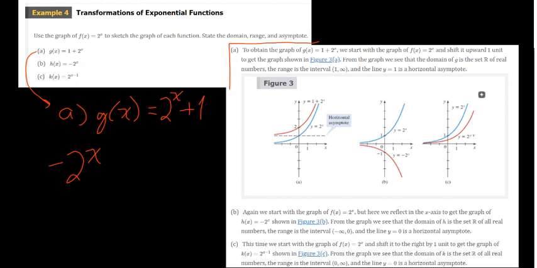Then 2 raised to the negative x power would be the negative of the variable, just to show you the difference between those two. The negative of the variable would flip it across the y-axis, so it would look something like this. But since we are taking the negative of the parent function, we simply mirror it across the x-axis, and that's where we get this graph right there.